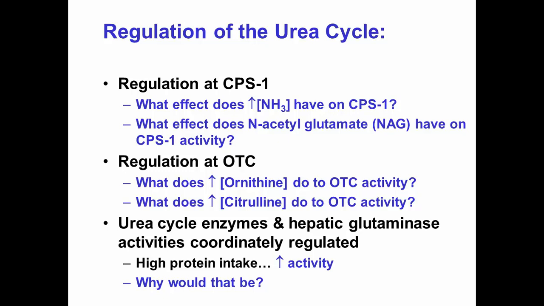Now, there's an enzyme that makes N-acetyl glutamate, and it's appropriately or cleverly named acetyl glutamate synthetase. It doesn't have the N in there, but acetyl glutamate synthetase makes N-acetyl glutamate. That enzyme's activity is increased by a high arginine concentration.